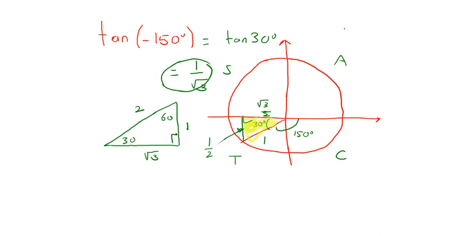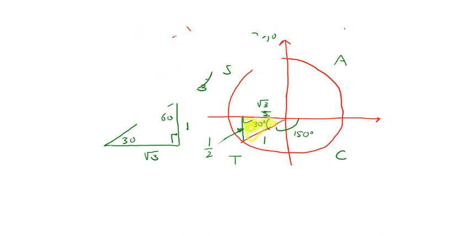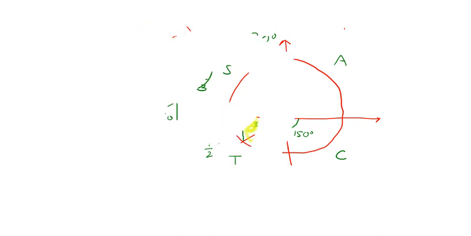Question 2 can be sine of 180 plus theta, and question 3 can be a slightly more challenging one. It's going to be cos of 90 plus theta.